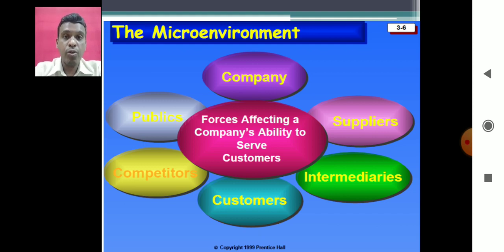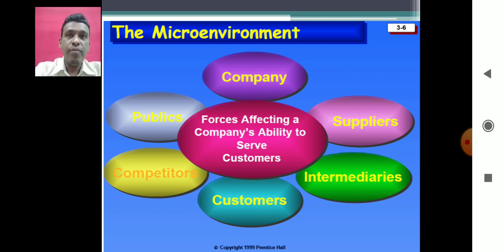What you are providing to your customers should be of greater value and should provide greater satisfaction compared to what your competitors are providing. Marketers must gain strategic advantage by positioning their offerings strongly against competitors' offerings in the minds of the customers.